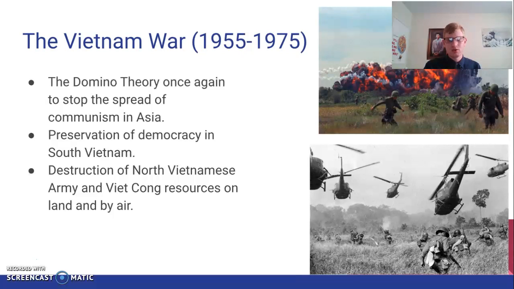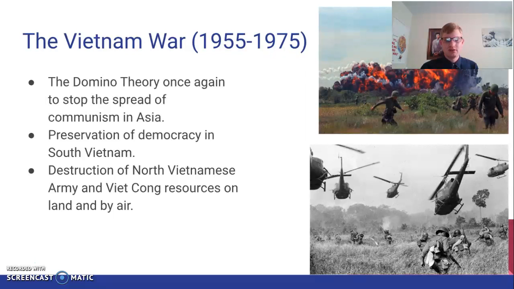Vietnam, we were involved in Vietnam from about 1955 to 1975, that's 20 years. But we did not really put troops on the ground in a big way until about 1964, after the Gulf of Tonkin incident, which we will go into a lot more detail in our Vietnam lecture. But it was basically the idea to preserve democracy in South Vietnam from the invading North Vietnamese army.